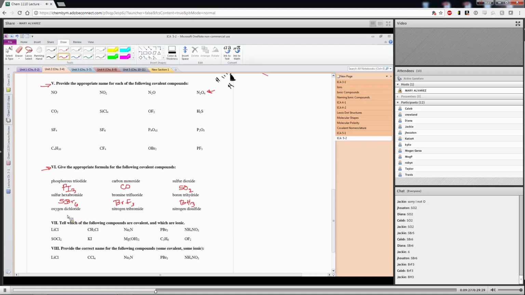Oxygen dichloride. Dichloride. Yes. OCl2.